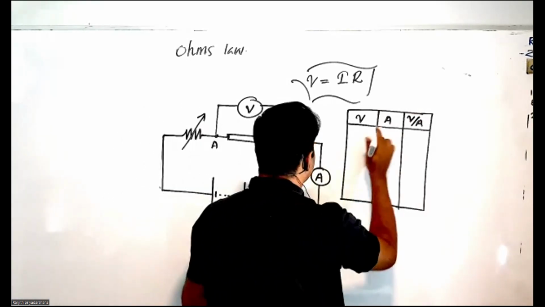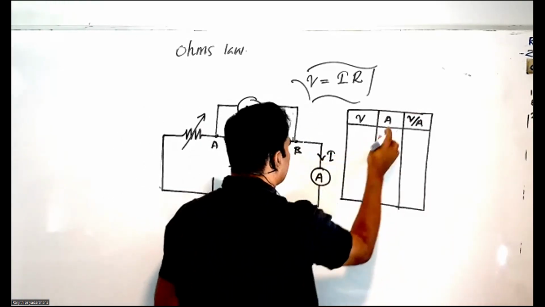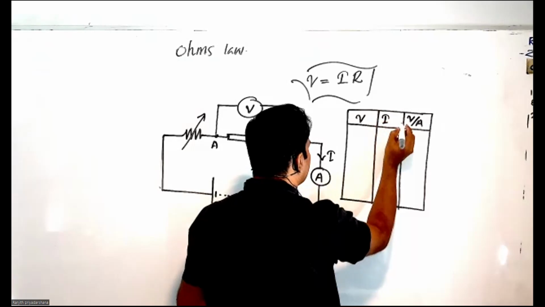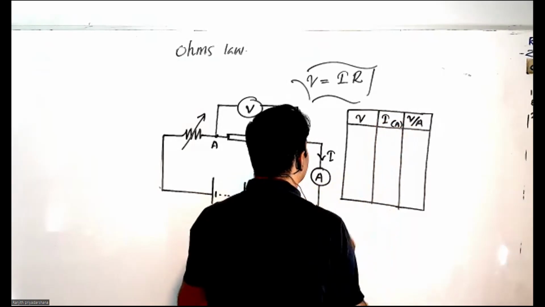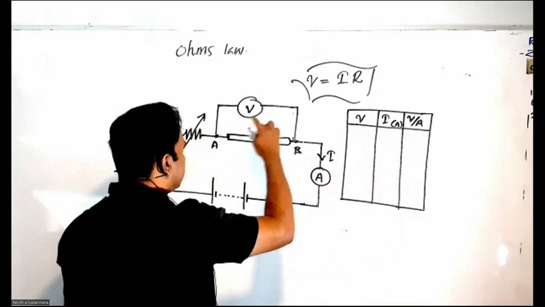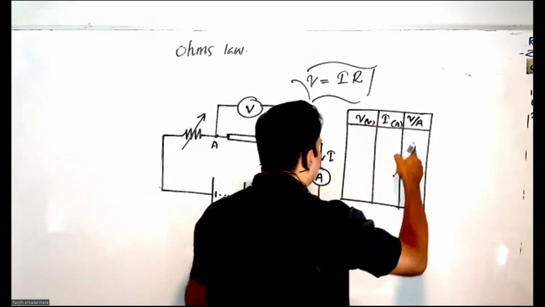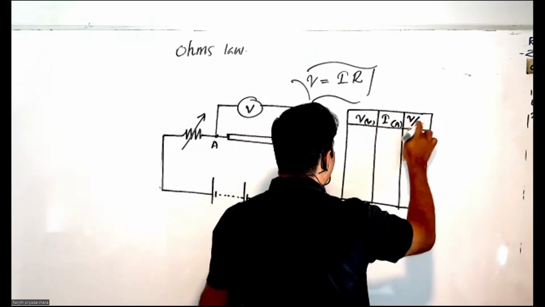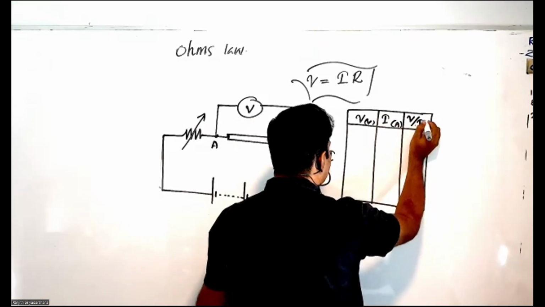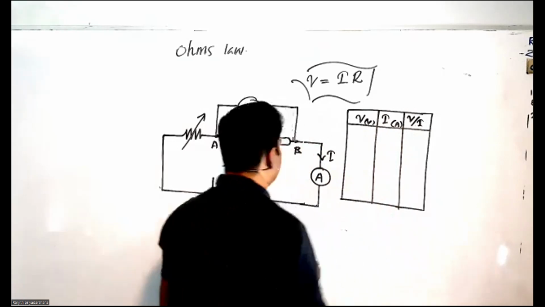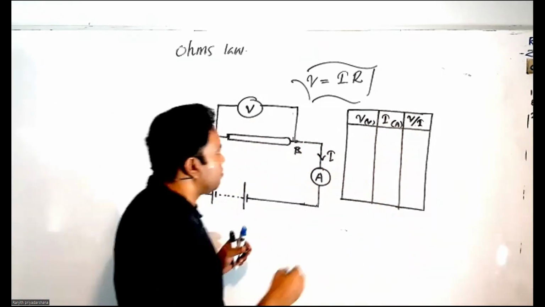So this ammeter reading is what? That's the I. I put that I here, and it's measured in amperes. So this voltmeter reading, that's V, right? And V upon A means V upon ampere. So the voltage upon the current.